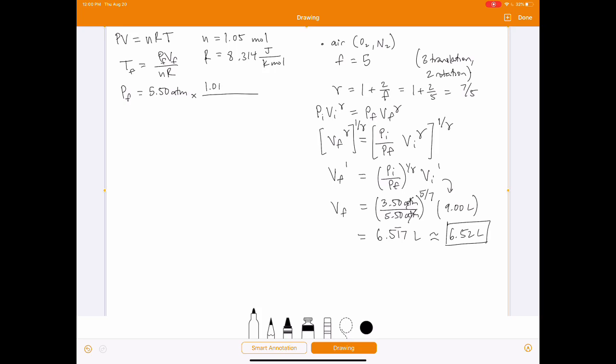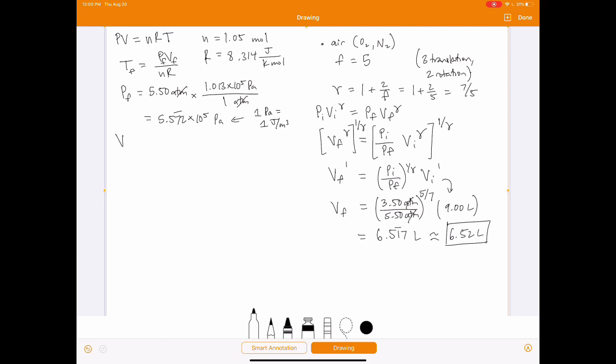That's 1.013 times 10 to the 5 pascals in every 1 atmosphere. Cancel out atmospheres. And we get 5.572, keep 3 sig figs, times 10 to the 5 pascals. And I just want to remind you that 1 pascal is equivalent to 1 joule per cubic meter. So we're going to use that.